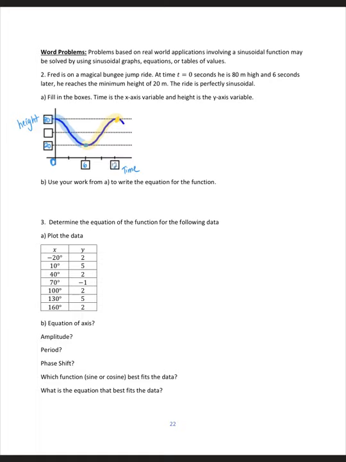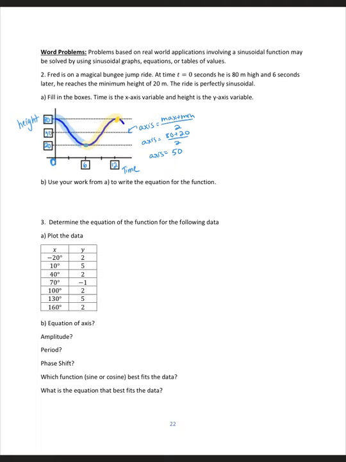The line between is just our axis. To find our axis, we do our maximum plus our minimum and divide by 2. Our maximum is 80, our minimum is 20, so that is 100 divided by 2, which is 50. That's what's going to go in this box here.